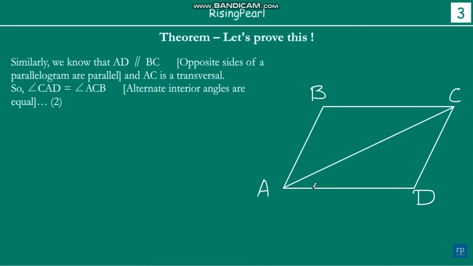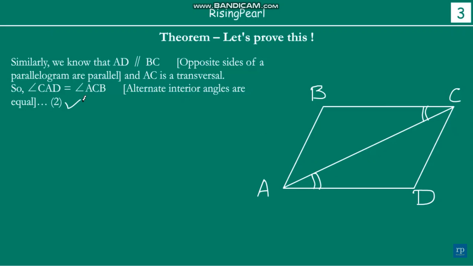Similarly, now we take AD parallel to BC. Again, the opposite sides of a parallelogram are parallel. Then AC is a transversal. So we can say that these two angles, this angle and this angle, are also equal, again because of alternate interior angles.